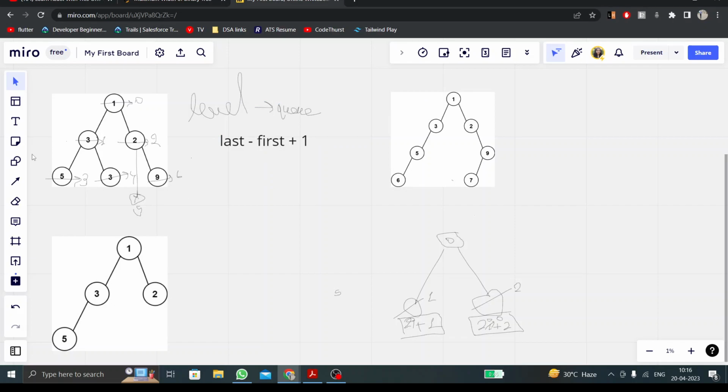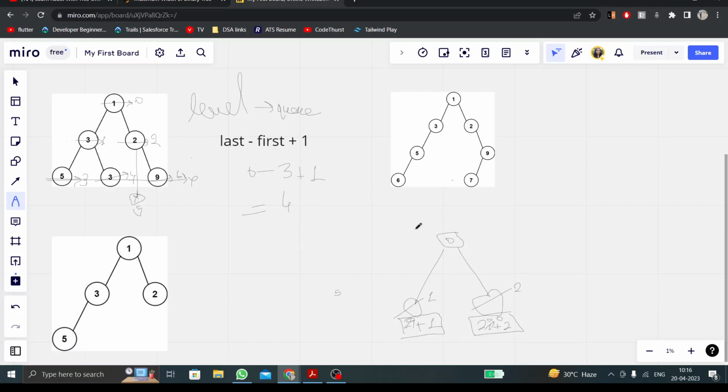So in level 2, what is the index of the last node? It is 6. The index of the first node is 3. Plus 1, this will give us 4, which means that there are 4 nodes including the inner null nodes.